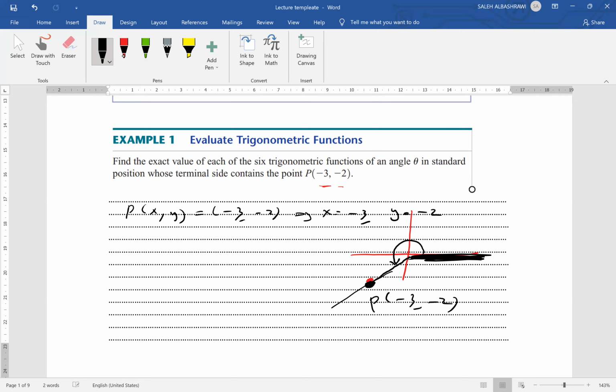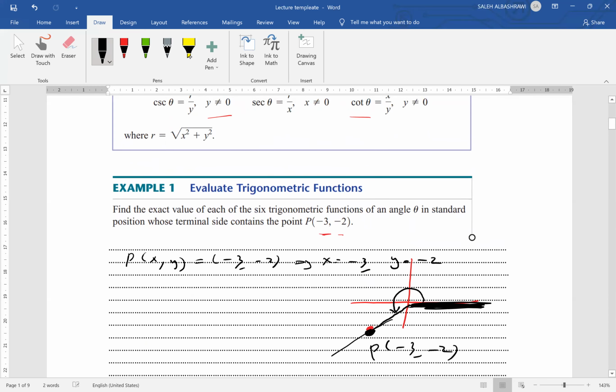Now I have x and y. We need to find r, and we said that r is given by the Pythagorean theorem: the hypotenuse, or r, equal to the square root of x squared plus y squared.